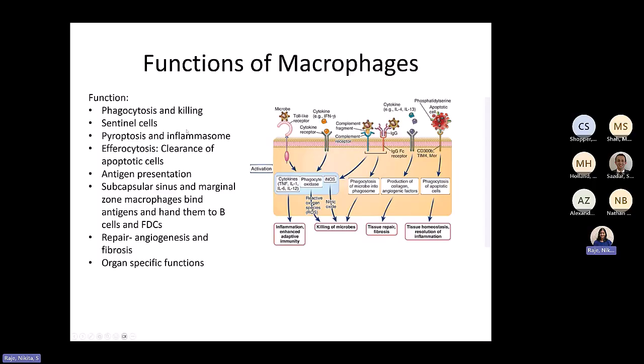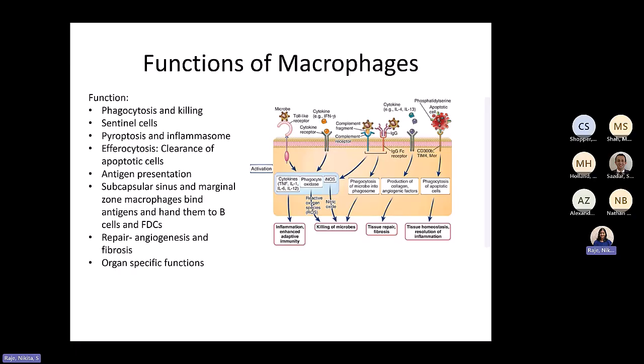They also have a function called pyroptosis, which means macrophages get activated and go through the activation of something called inflammasome, leading to pyroptosis. Macrophages are really important in clearing the cells that have undergone apoptosis. Cells that have been damaged will undergo apoptosis.